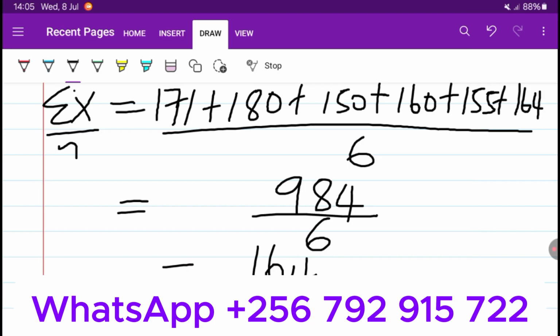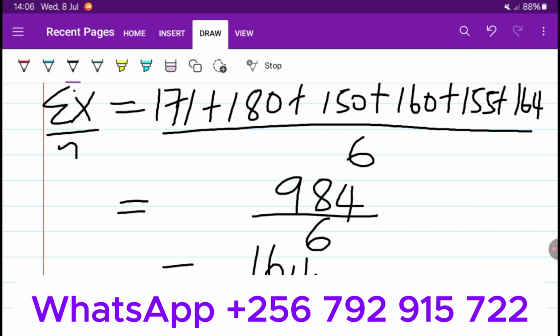But if they have given you the unit of measurement, you make sure you also indicate that, maybe in centimeters, depending on what they have given in the question. So that's basically how we get the mean for individual values, which we just add up.